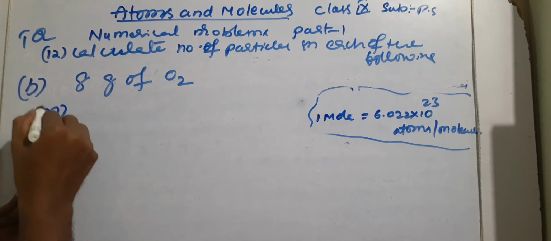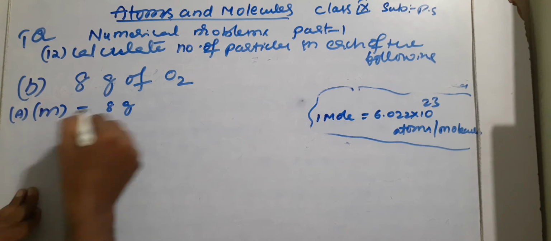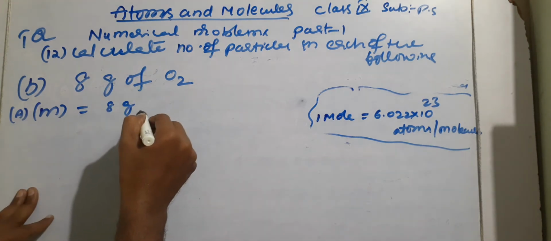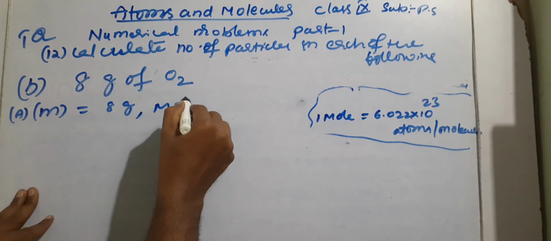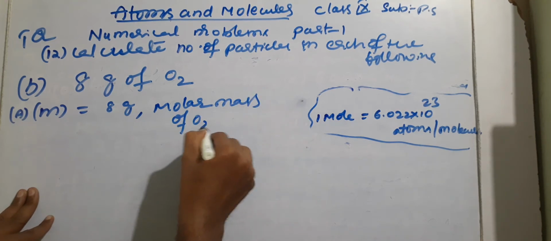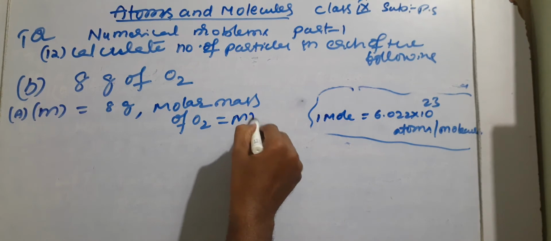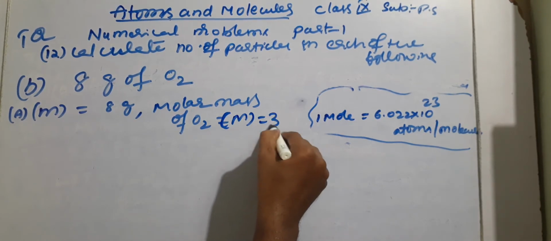Mass is given. Solution for this: mass is 8 grams. And the molar mass of O2: you know the molecular mass of the oxygen molecule is O plus O, 16 plus 16, that is 32 U. But molar mass, capital M, is taken as 32 grams.